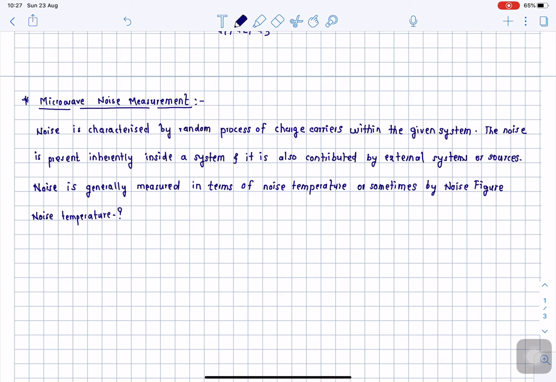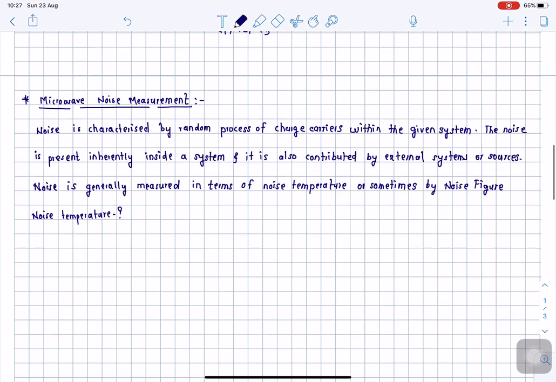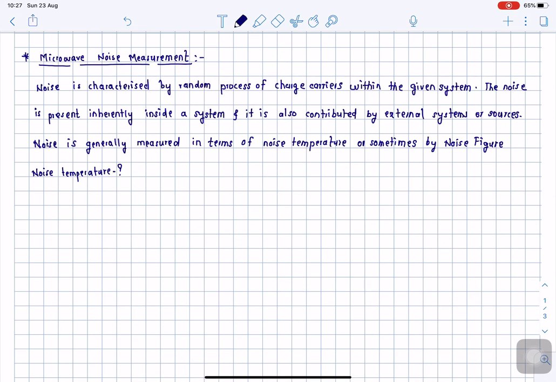So here I will show you the arrangement of the measurement of noise in terms of noise temperature for a given particular system. Let us say this is a system, or we can call it a device under test, DUT, or system whose noise we want to measure. Typically this particular system is an amplifier whose noise we want to calculate.